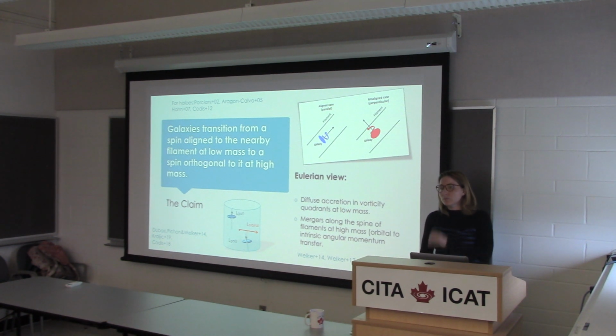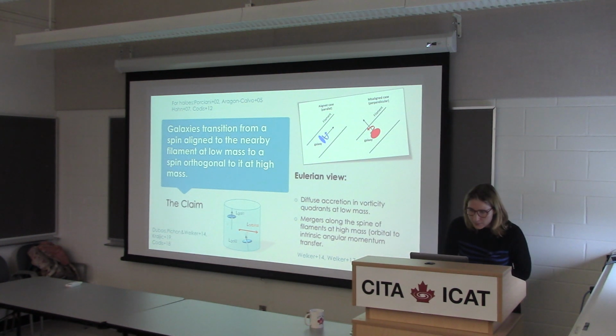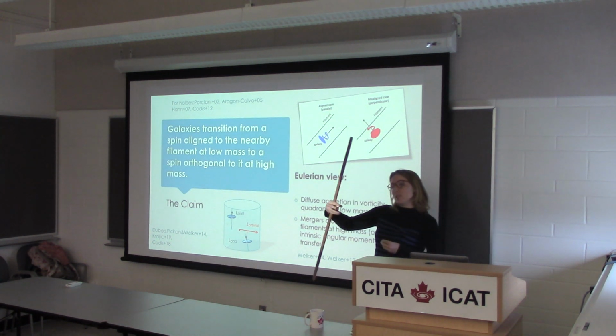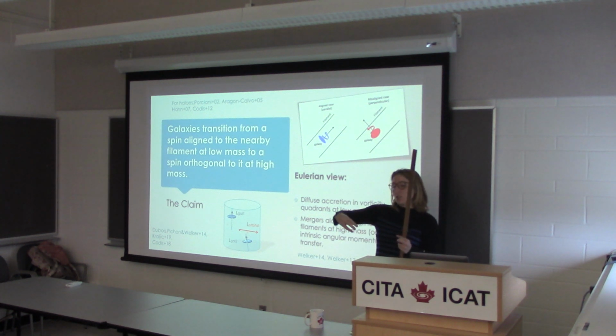If you look at it as a map, does it really look like the filaments themselves are excluding vorticity? Well, if you look at the map, I don't think I've included one in this presentation, but if you look at the filament in the simulation, you really see vorticity tubes whirling around filaments.